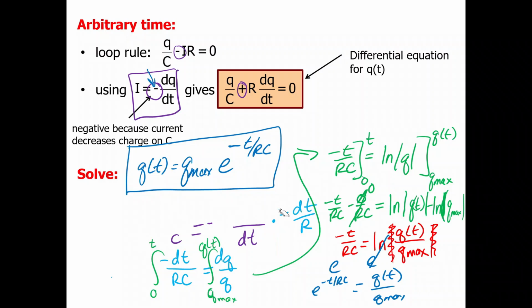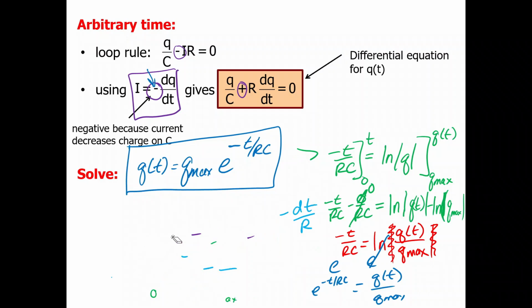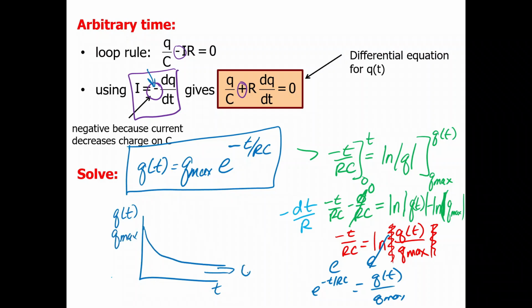So with our q of t here, this graph is going to be exponential decay. So you're going to end up with q of t, it's just going to be your decay function. You're going to start off at q max, and you're going to go to 0 as t approaches infinity.